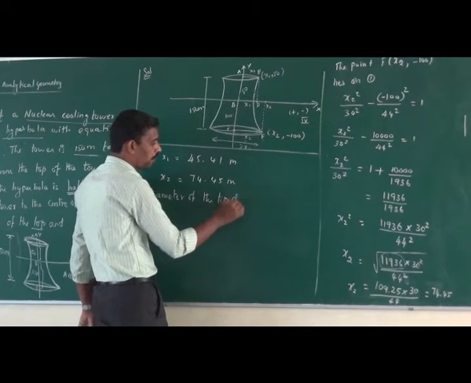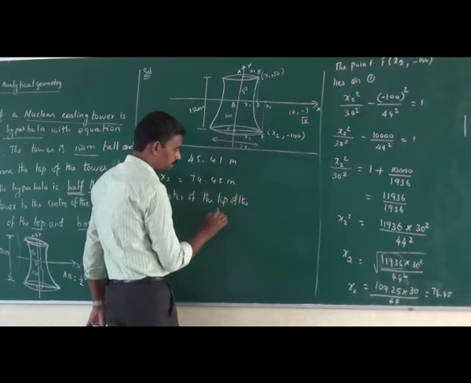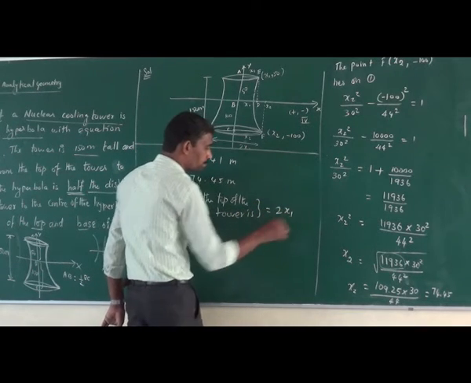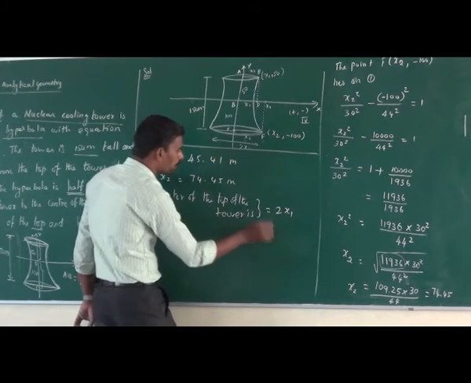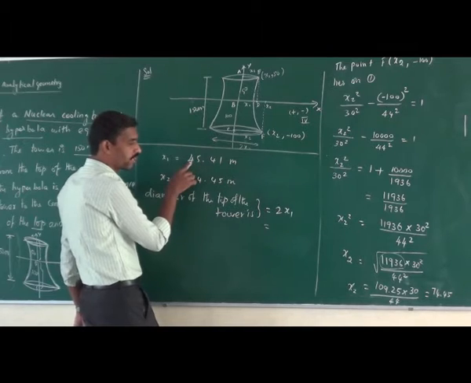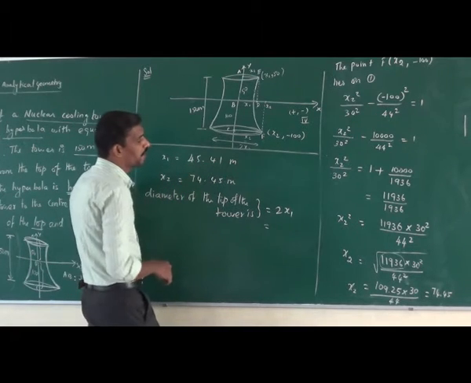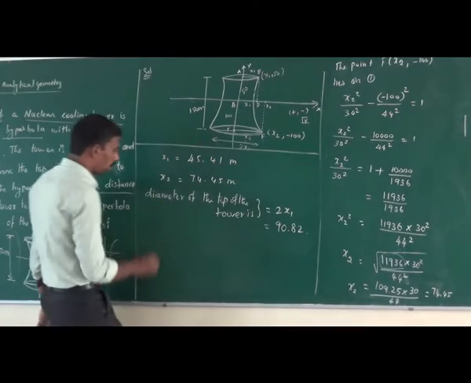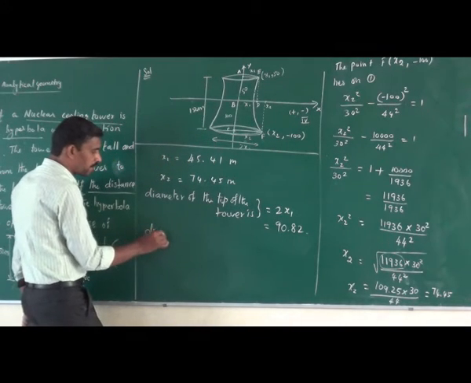Diameter of the top of the tower is 2x1. Okay, so now I want to multiply 2x1. What do you get? 45 is a 90, here 0.82. So 90.82.